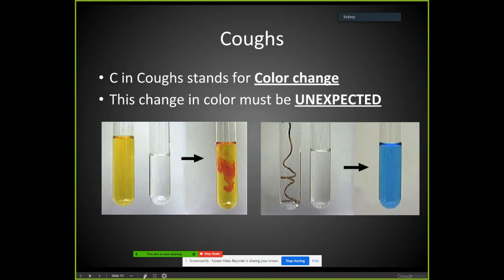Here we have, I don't know if that's a solid, like a piece of metal wiring, but they're mixing this metal with this clear substance and a blue solution is formed. And that's unexpected. You wouldn't have thought mixing these two substances would make this. Okay? So it's got to be unexpected. That's why food coloring is not a chemical change, because you expect it to change the color.